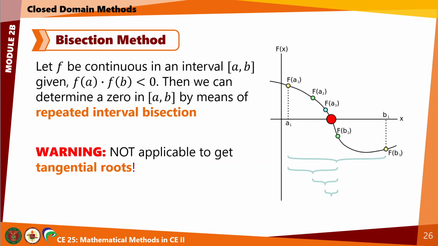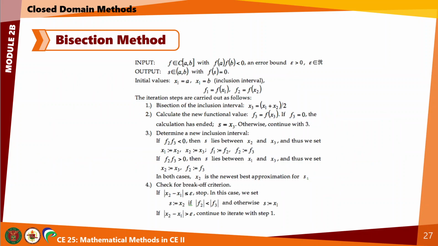Just so you know, yung magiging process if you transform or apply this algorithm into C program, ito yung general process. Okay? So, we have an input na initial interval.